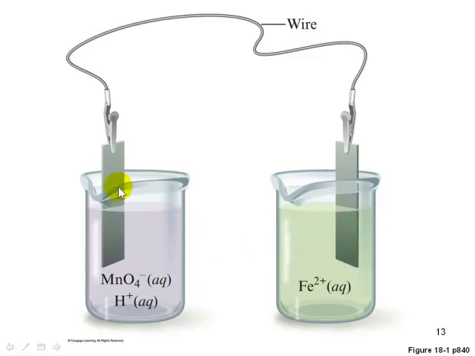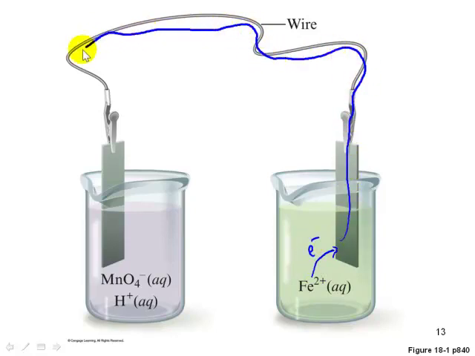And say that we then allowed electrons to transfer between permanganate and iron, but we made it happen through a wire. And so my iron would lose electrons, and those electrons could travel through the wire, and then get to my permanganate by going through that wire.